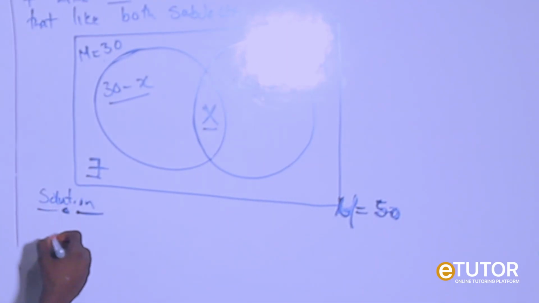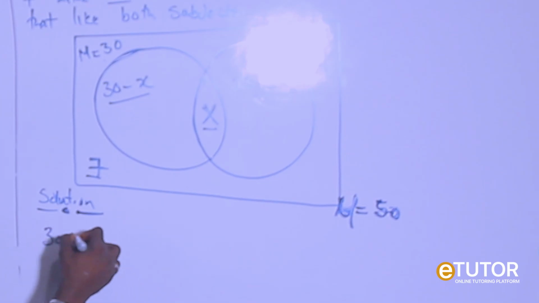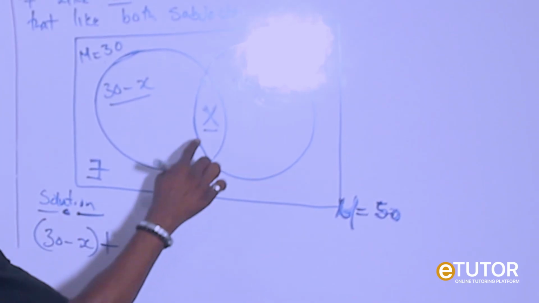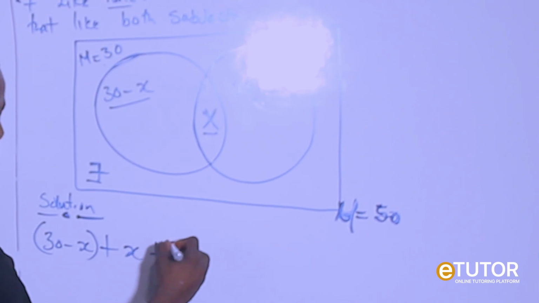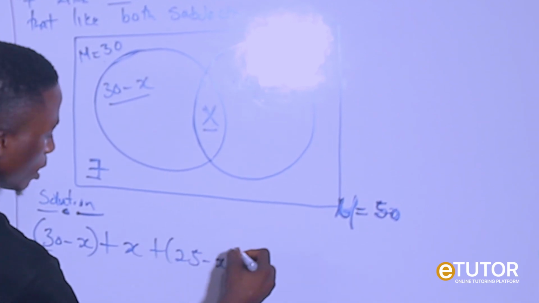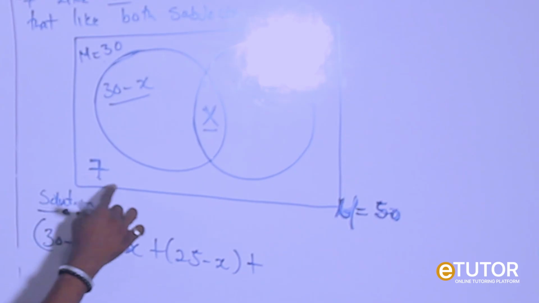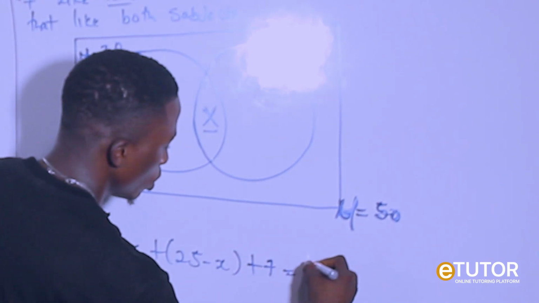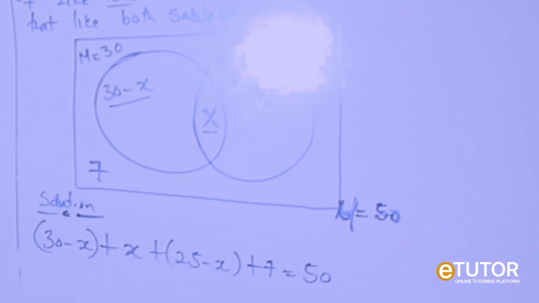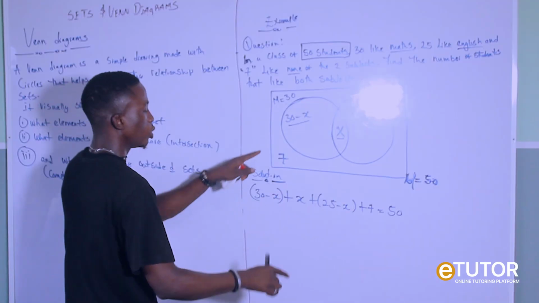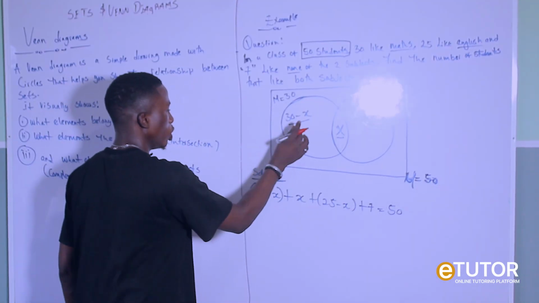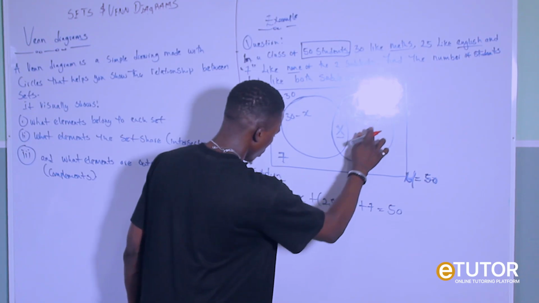So I have 30 minus X plus 25 minus X plus, don't leave the 7 now, plus 7 equals 50. Remember, this 7 is also part of the school. They are students in the school, but they just don't like maths.